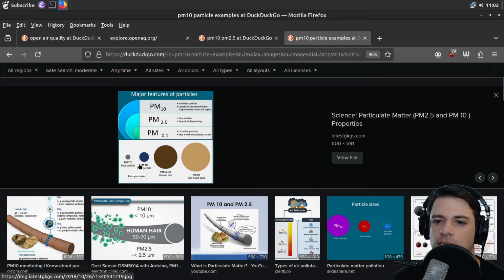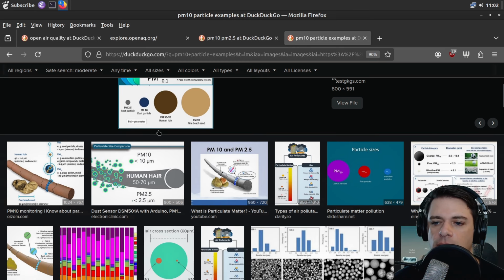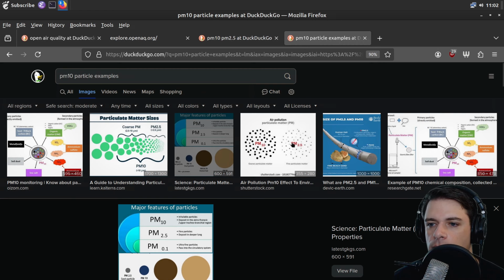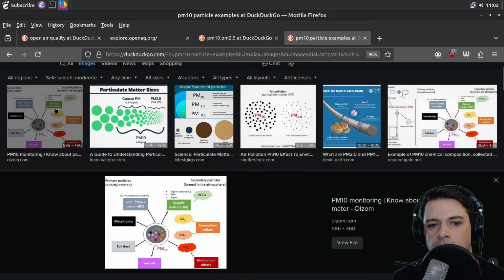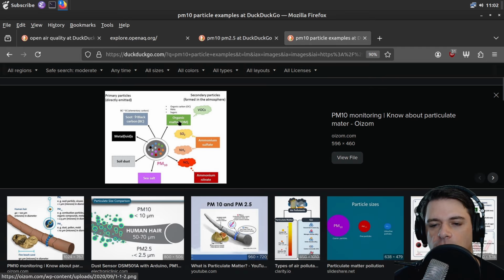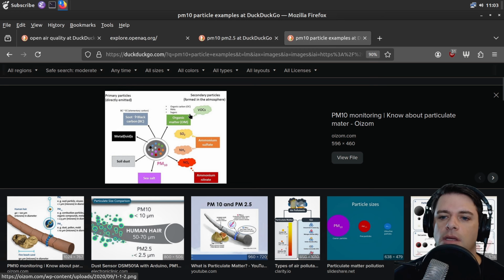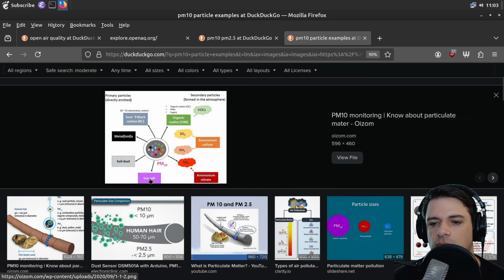PM10 is like dust, I guess. And here's some more. Organic matter, organic carbon, sugars, soot, metalloids, soil dust, sea salt. Are we breathing in sea salt? How is that even possible?